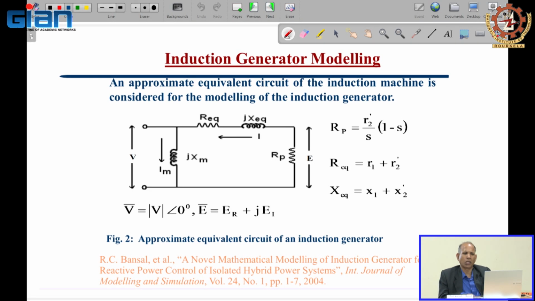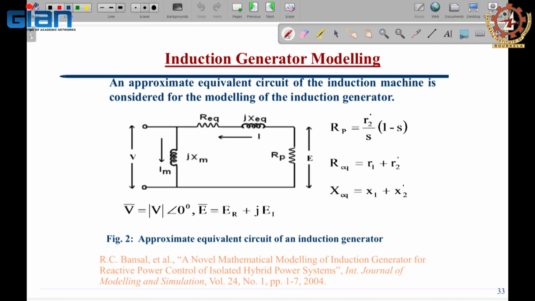I will not go into much detail, but you can present the induction machine circuit as a simplified equivalent circuit, series circuit or parallel circuit, and then you have the equations.